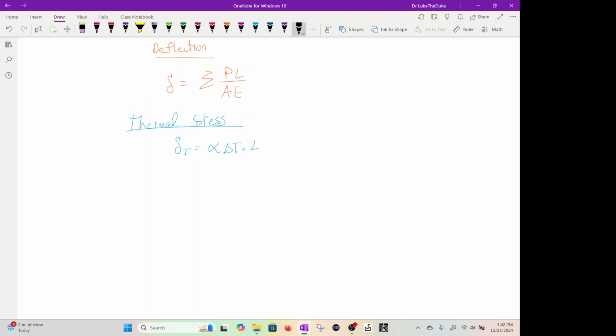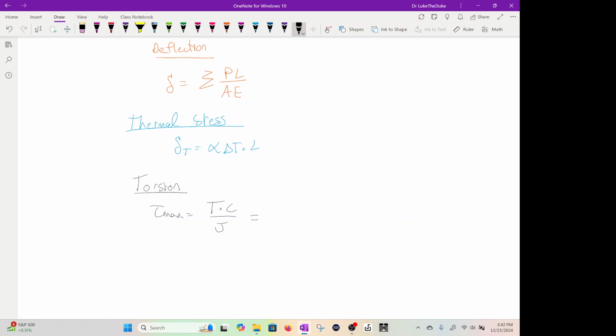And then you got into torsion. So tau max equals your torque T times C over J, which is your polar moment of inertia. C is the outer radius of the shaft, where the max torque acts.